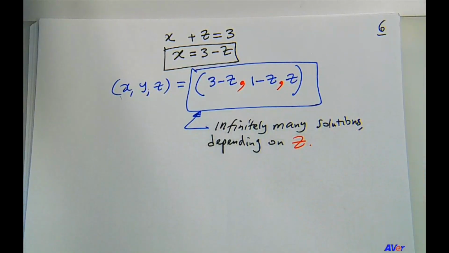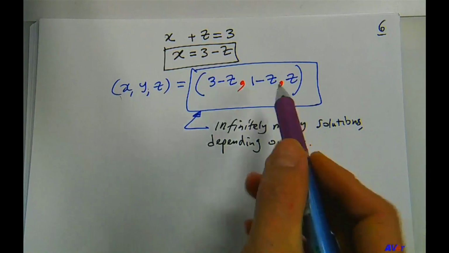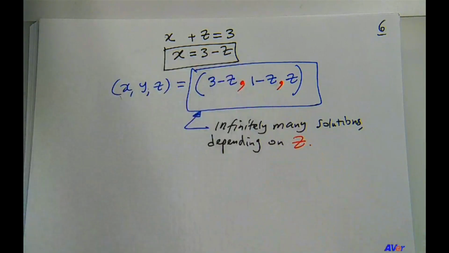So z is free to be anything. You can pick z to be negative 10 or 0.03 or positive 100,000, anything, right? Whatever you pick for z, it'll give you another different solution. So we have infinitely many solutions.